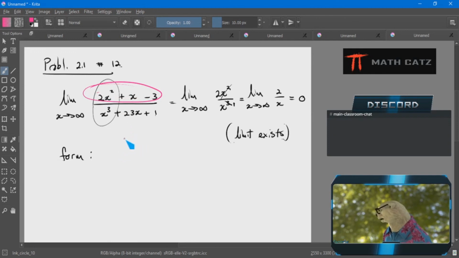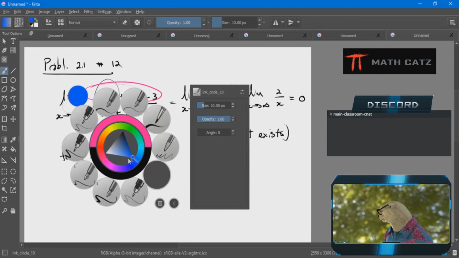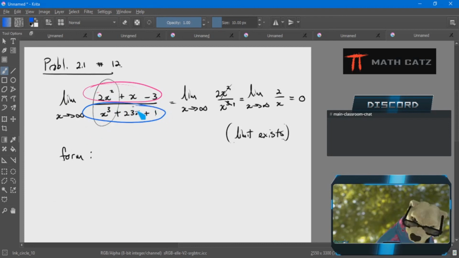And then I have a denominator. When I talk about the form of the limit, I'm not right away attempting to answer the question. I'm simply asking, how do these pieces behave on their own? Forget that they're combined in this function. Just how do they behave? How does the pink guy behave?